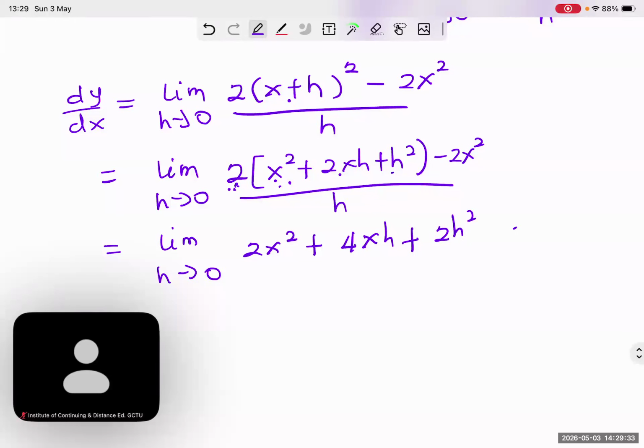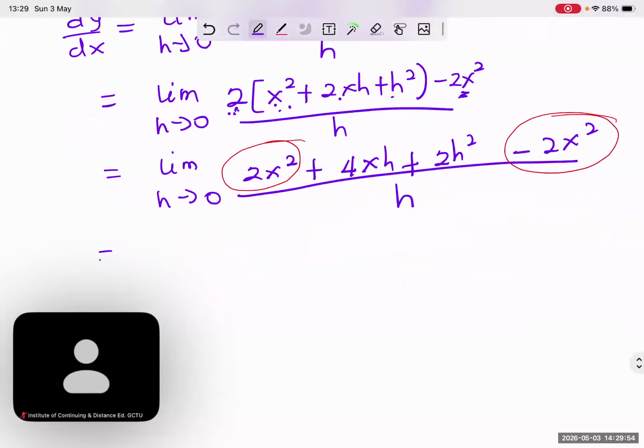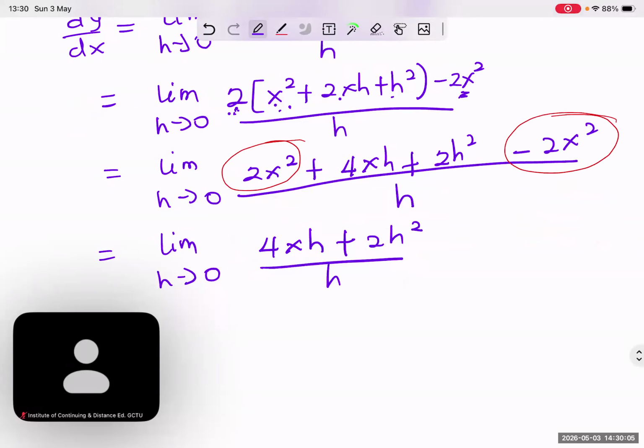Then I'll have my minus 2x squared, which is this expression here, all over h. Next step is to look through if there is anything that we can simplify. We have the 2x squared here, and then we have negative 2x squared. They can get rid of each other. So the expression simplifies to the limit as h approaches 0 of 4xh plus 2h squared divided by h.